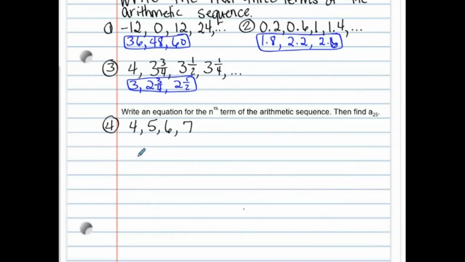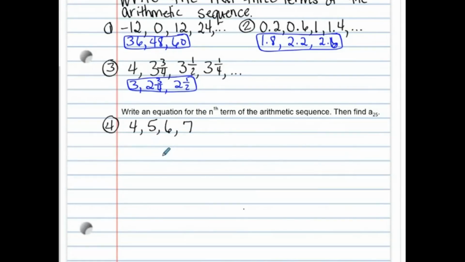There's 2 things that you need to find out. The first thing is you need to find out what is the first number and what's the common difference. Those are the 2 things you need to find out, okay? What we're going to do is use the formula, the equation for an arithmetic sequence, okay?